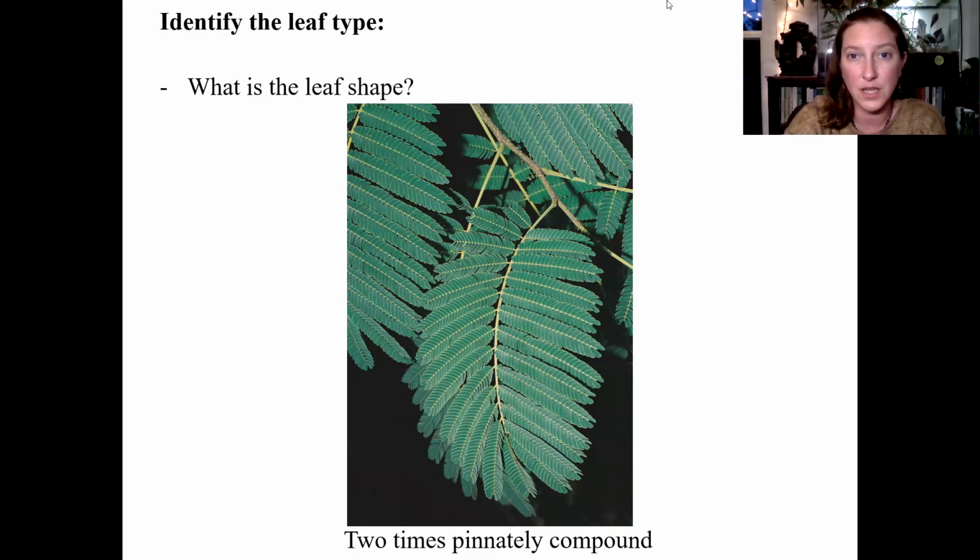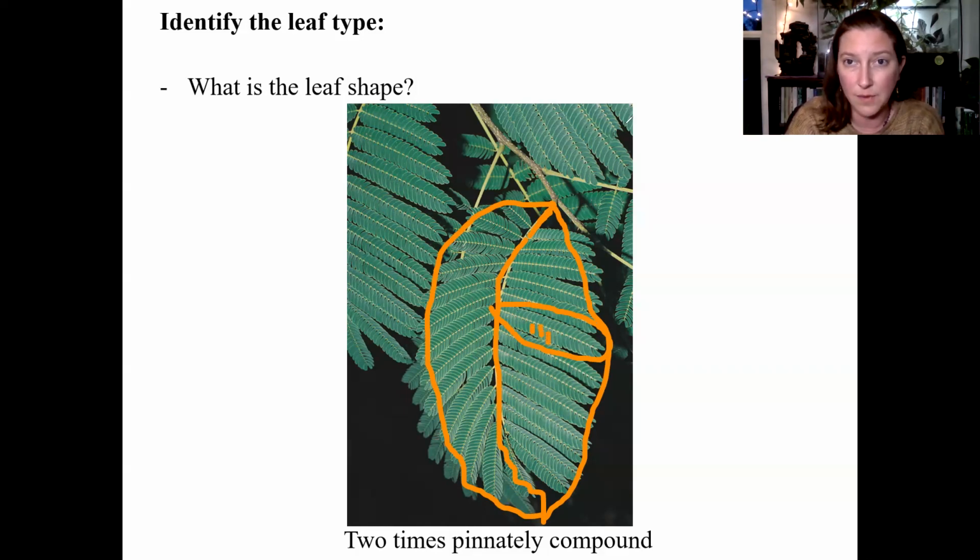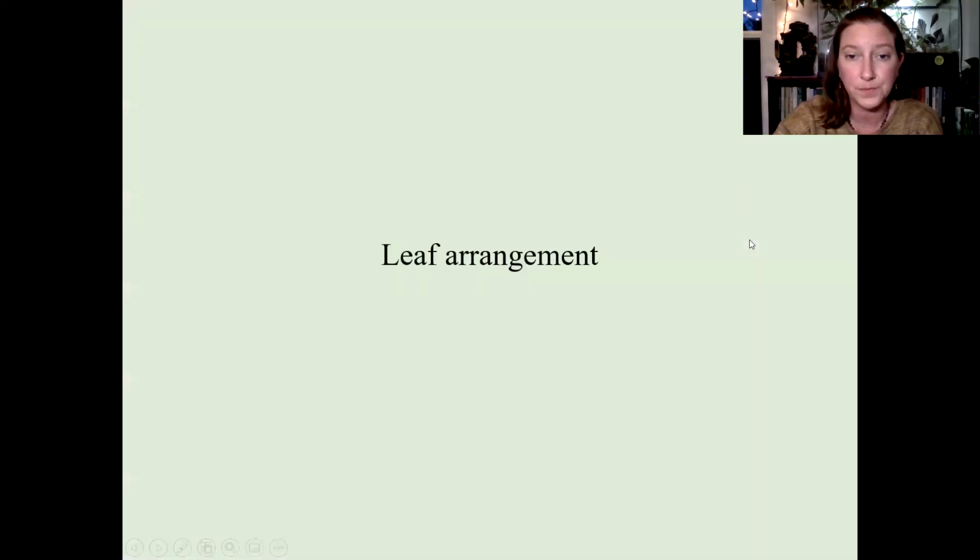And so again, just to hit this home, this whole thing is a single leaf. Here's the petiole of the leaf. Here's the rachis of the leaf. And each of these things is a pinna or leaflet. And then each of these little things are even smaller leaflets, pinnule, which we'll talk about, they're in ferns.